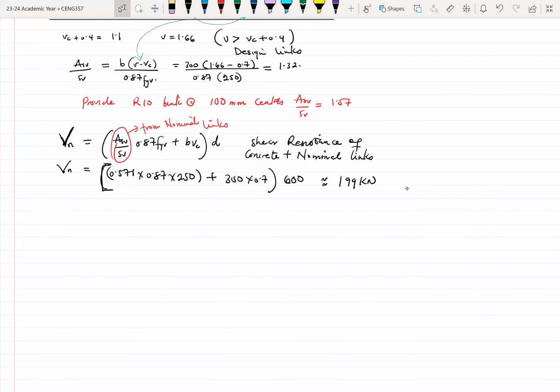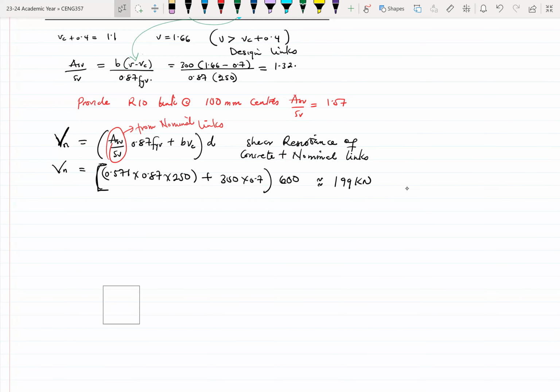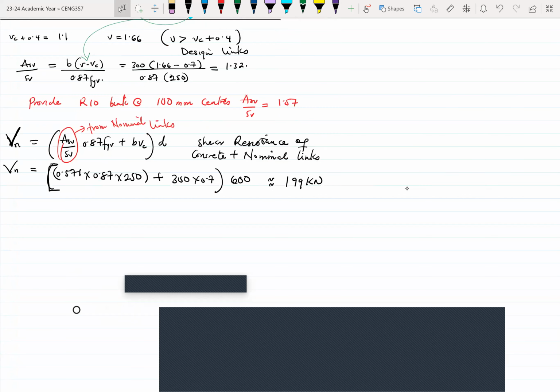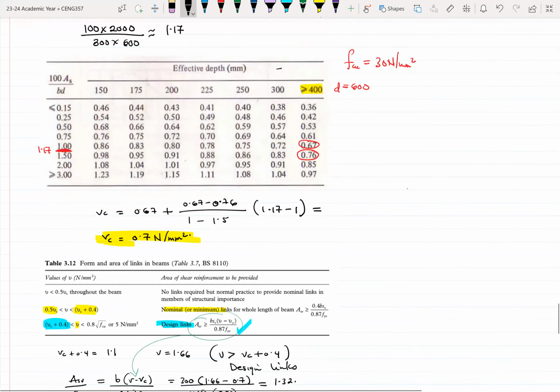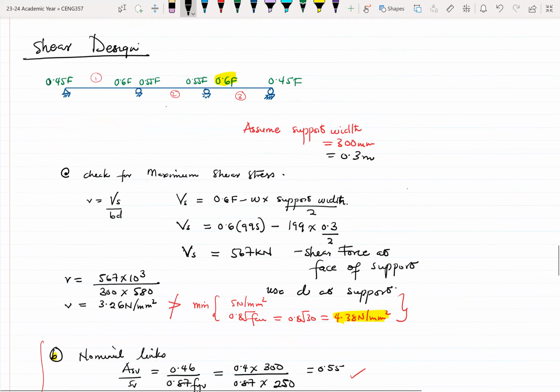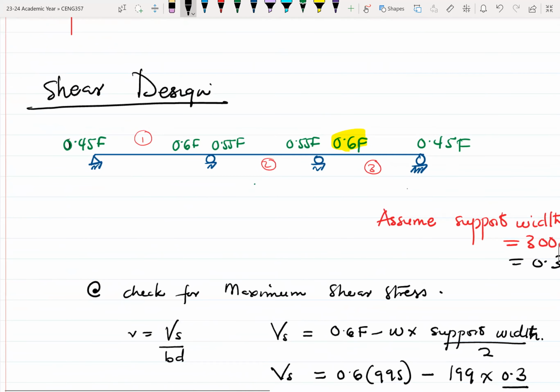All right. And we need this information to determine the extent of the shear links. Okay. So mind you, this is for shear links for the exterior supports. All right, not interior supports. Right. So pretty much what we are doing here. So let me take you guys to this one. We are trying to design the shear links for this zone. All right.